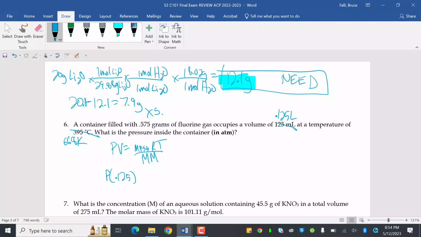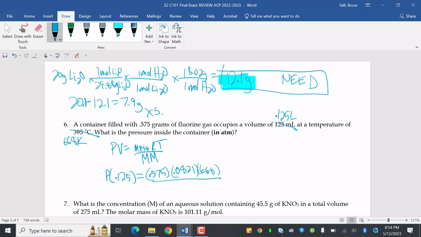Remember, because we use an R that's in liters and atmospheres, degrees Celsius, we got to make sure we got the right one in there. My mass is 0.575. My R is on that sheet, in case you don't believe me, 0.0821. Temperature is 668 in Kelvin.